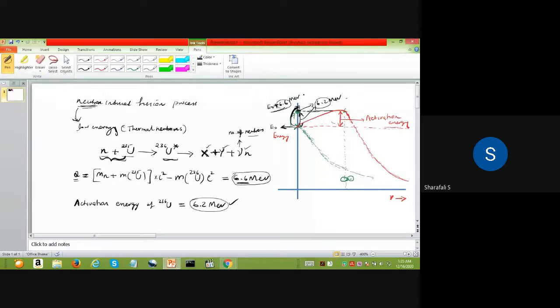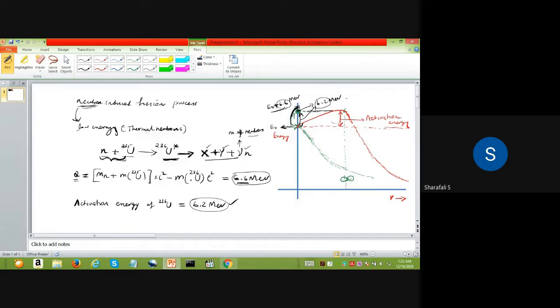So in that case, nuclear fission will be possible. Okay, so when this uranium 236 is in the excited state, it will undergo the nuclear fission process by this reaction. It will produce two daughter nuclei and some number of neutrons.